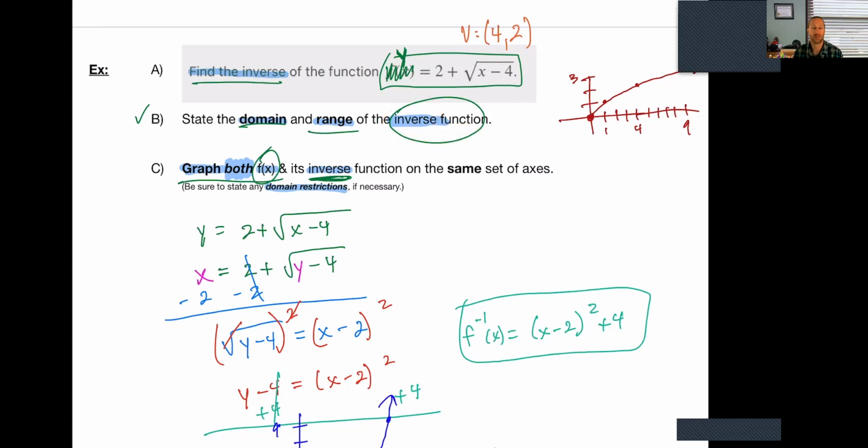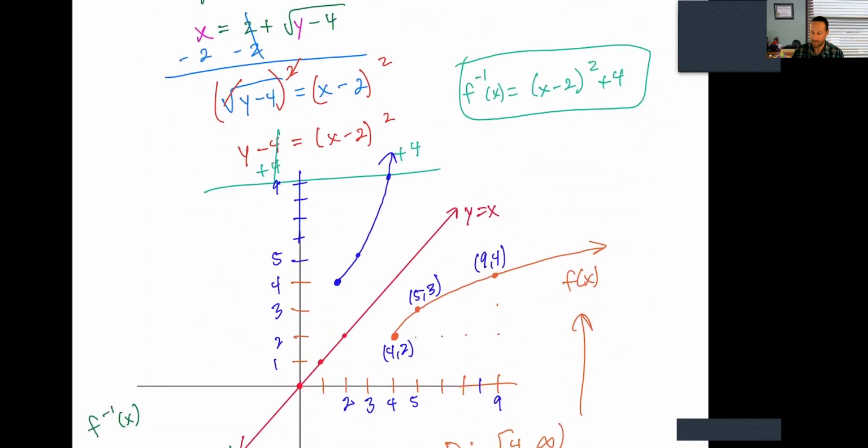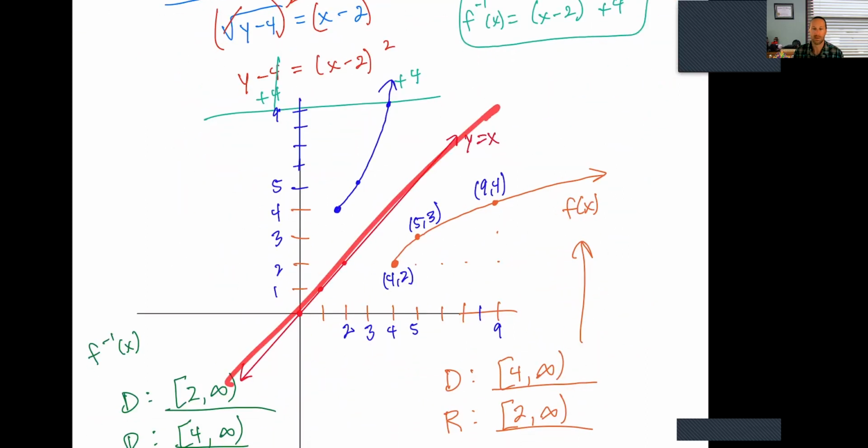And then to graph the inverse of a function, you merely just mirror it about, and always, the line y equals x. And again, it will always be that because it is itself when we do the inverse.